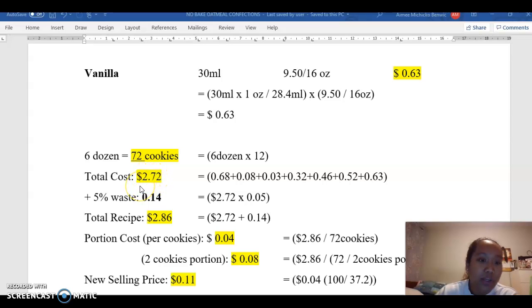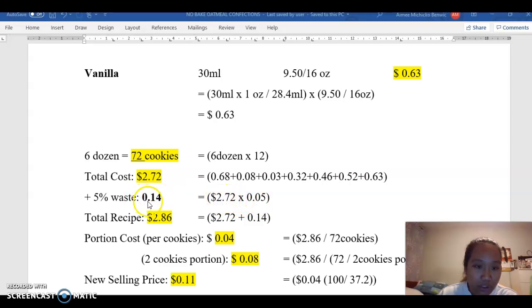If we add 5% waste to that, we compute the total cost multiplied by 0.05 as the waste. Converting 5%, 5% divided by 100, gives us 0.05 here.